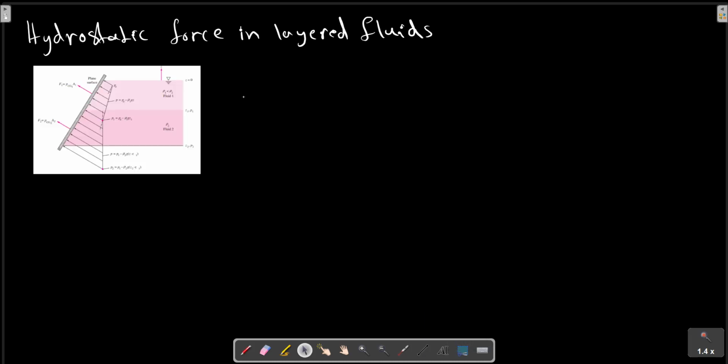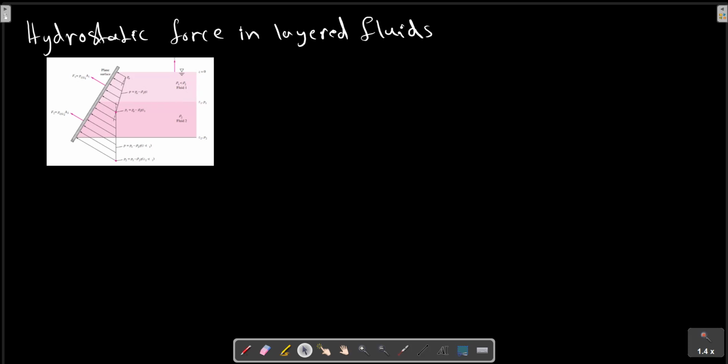so if the fluid is layered with different densities, such as these two fluids shown in this picture here, and here we have two different fluids with different densities, a single formula cannot solve the problem because the slope of the linear pressure is different, such as shown in this picture.